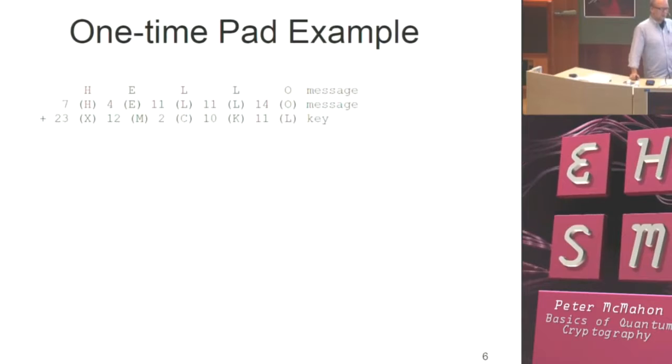And now we imagine having some key, and this key must be completely random, and we're only allowed to use this once, but the key is just this string that's the same length as the length of the message. That's also important. And what we do is we take this key and we add it to the message. So we get now this set of numbers.